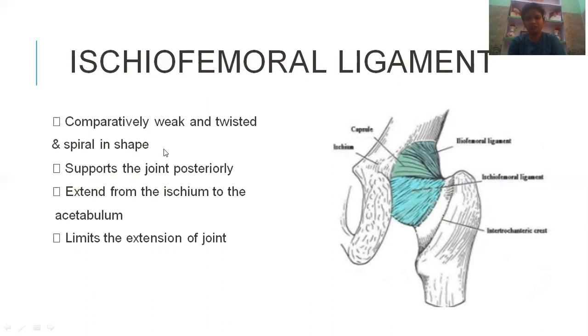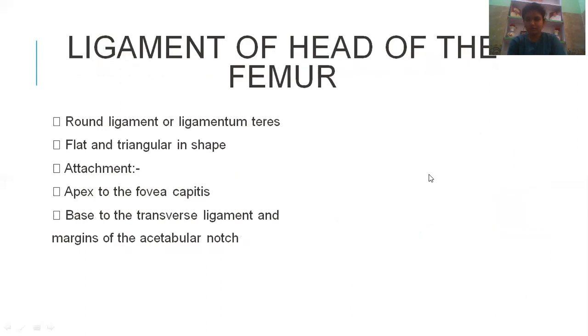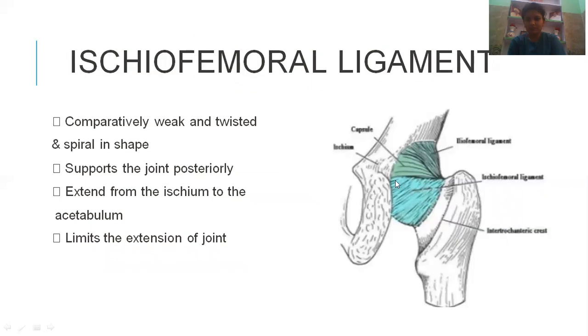But the ischiofemoral ligament is a comparatively weak band, twisted and spiral in shape. It supports the joint posteriorly, extending from the ilium to the acetabulum. This is the ilium part and this is the acetabular part. Its work is that it limits the extension of the joint.